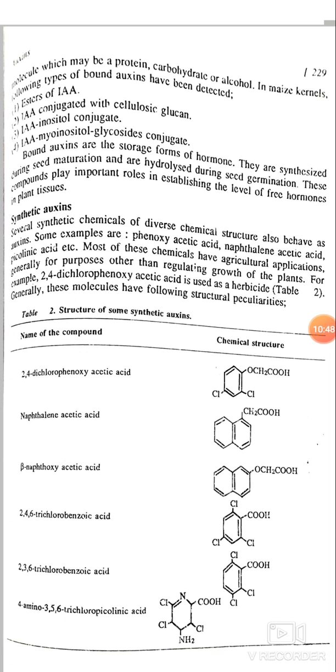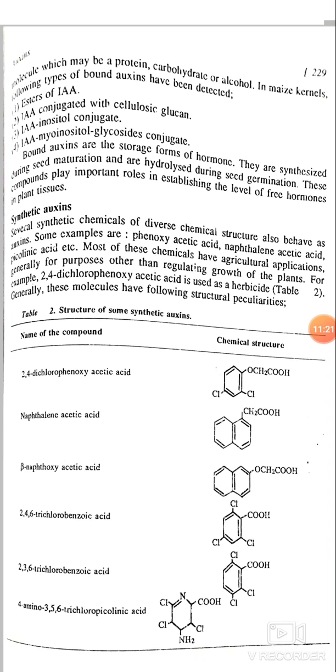Next is 2,3,6-trichlorobenzoic acid. Here chlorine groups are on the 2, 3 and 6 positions of the benzene ring. 4-amino-3,5,6-trichloropicolinic acid.